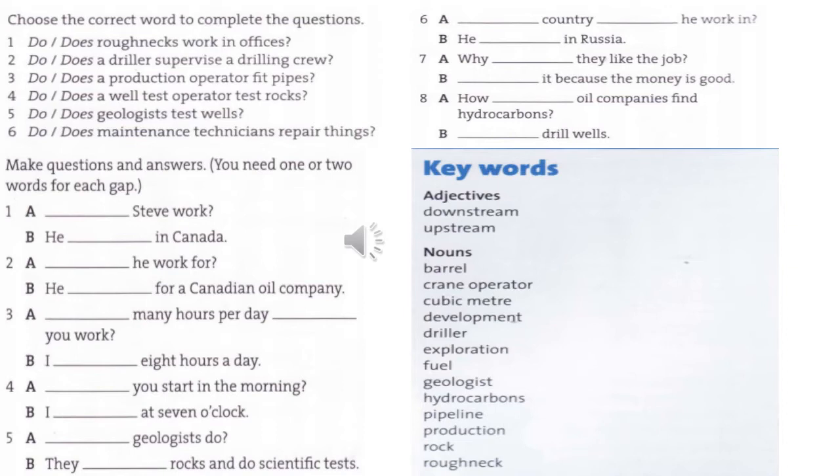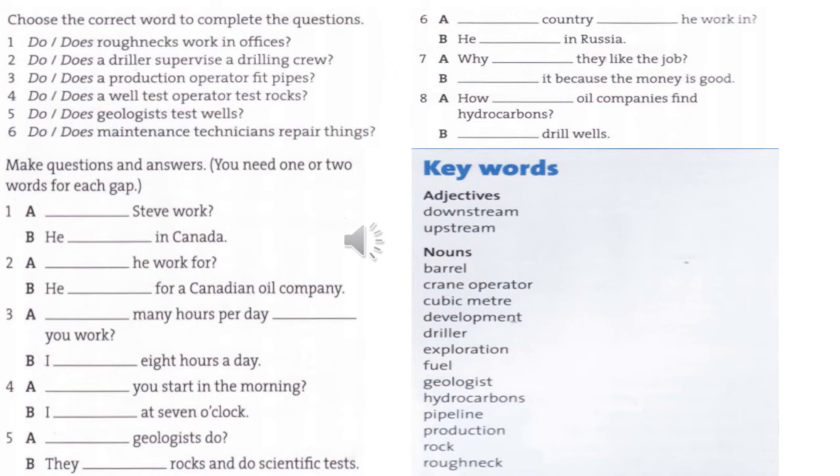Number one, is it do or does roughnecks work in offices? Roughnecks here is plural, so if the subject is plural, we ask with do. If it's singular, we ask with does.